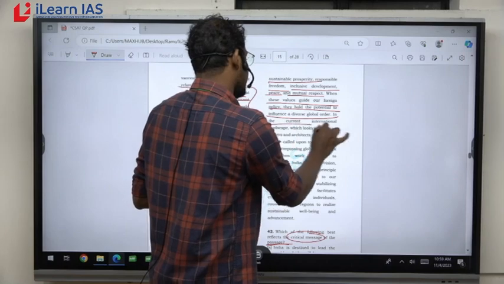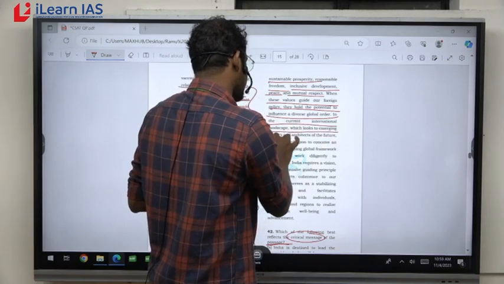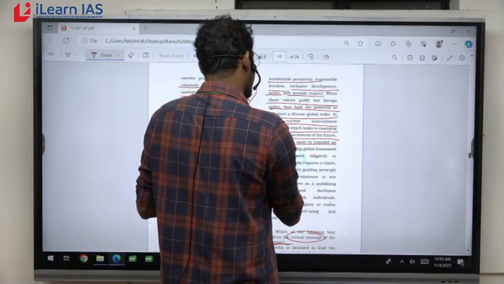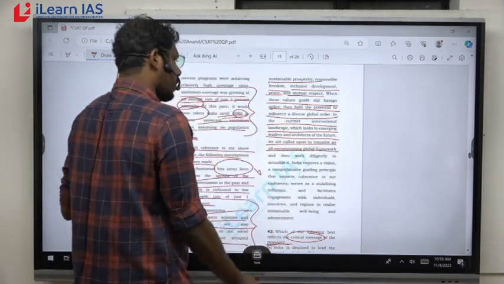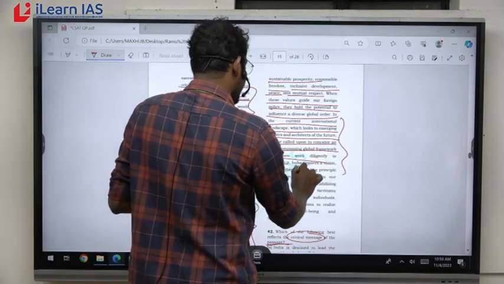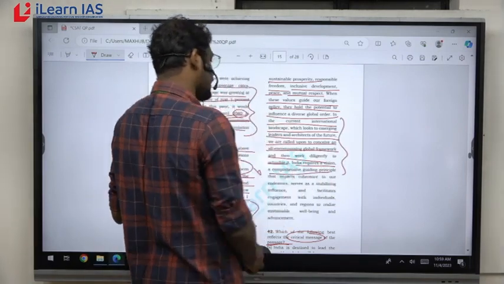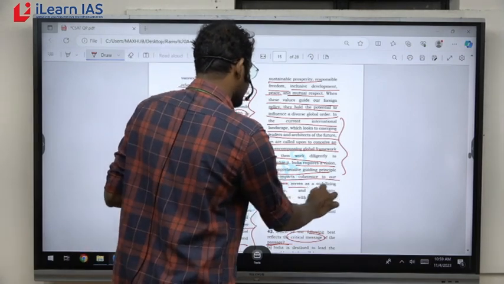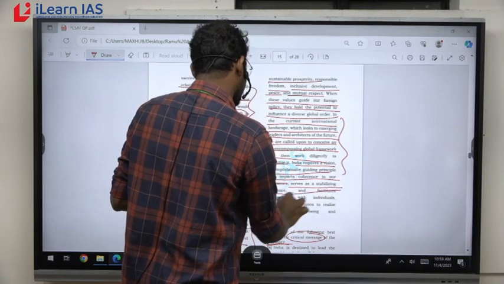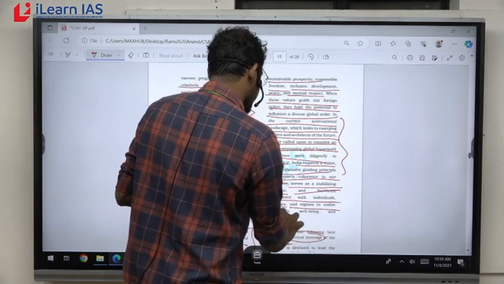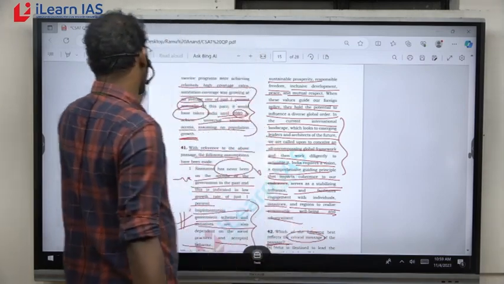In the current international landscape, which looks to emerging leaders and architects of the future, we are called upon to conceive an all-encompassing global framework and then work diligently to actualize it. India requires a vision, a comprehensive guiding principle that imparts coherence to our endeavors, serves as a stabilizing influence, and facilitates engagement with individuals, countries, and regions to realize sustainable well-being and achieve advancement.